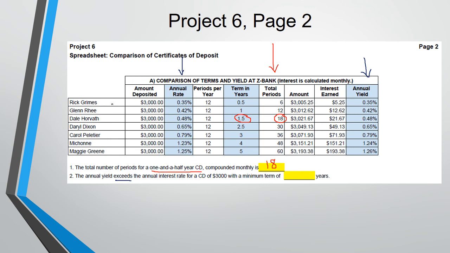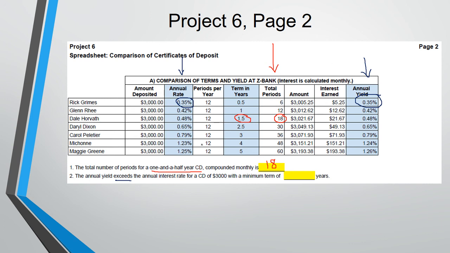So looking at the first one, Rick Grimes, they're both 0.35 and 0.35. So that's not the right answer. Next one, they're both 0.42. So not the right answer. Next one, 0.48, same thing. Next, 0.65, same thing. Next, both 0.79, same thing.